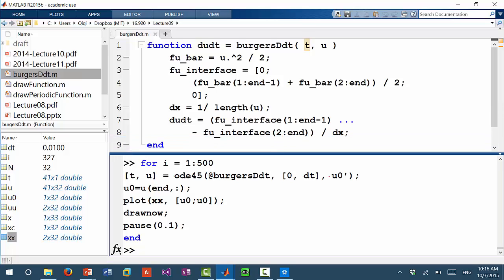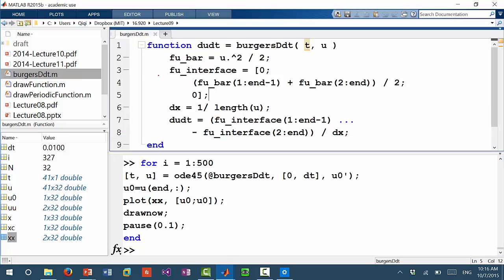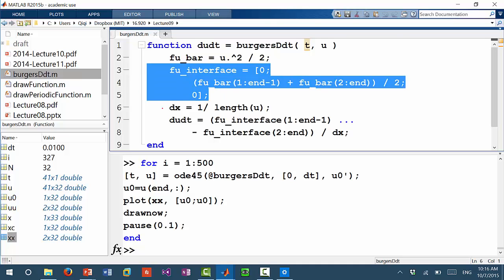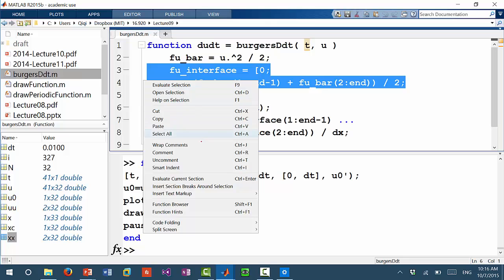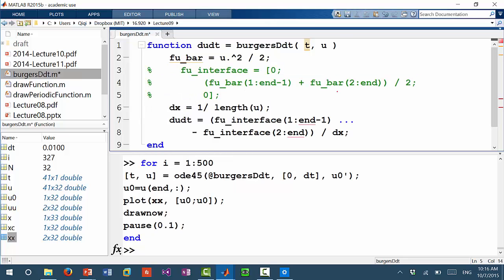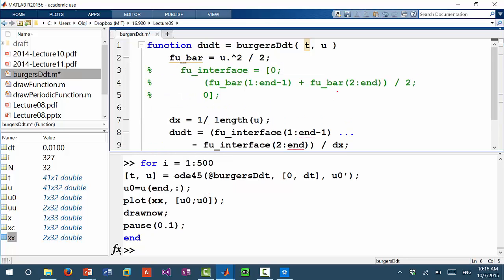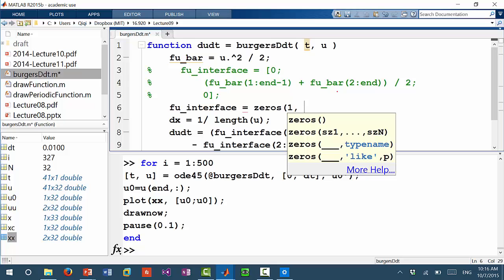Okay, so if we want to change this from a central scheme to an upwinding scheme, we only need to change this line, right? So if we comment this out, this is the bad central difference, and instead FU interface is equal to, let's actually make it zeros, 1 and n plus 1.